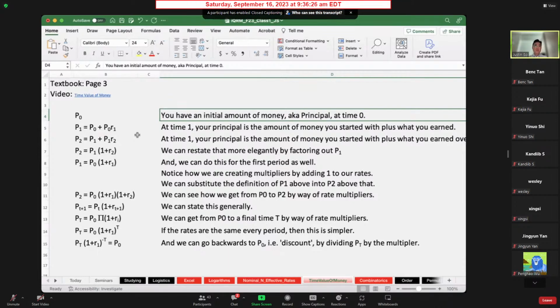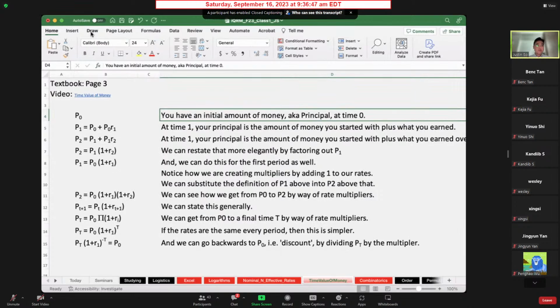So initial principal or initial investment amount at time 0. So the next period, the amount of money we're going to have is the initial amount plus a certain interest rate applied to that principal here.